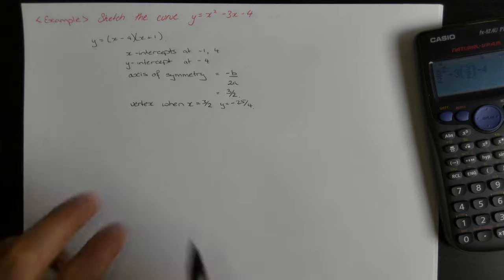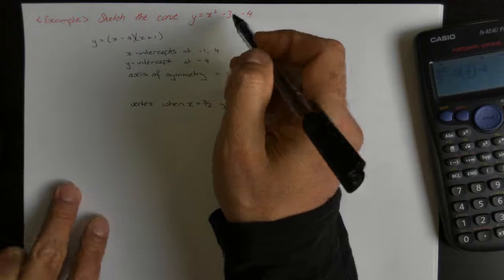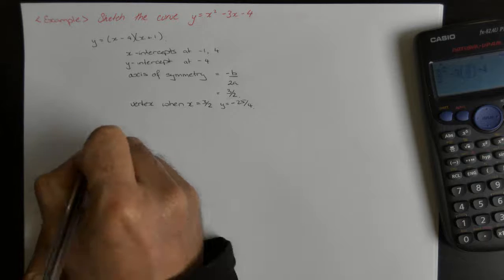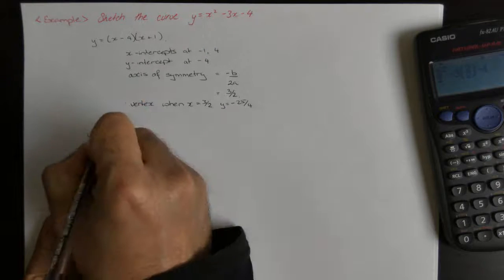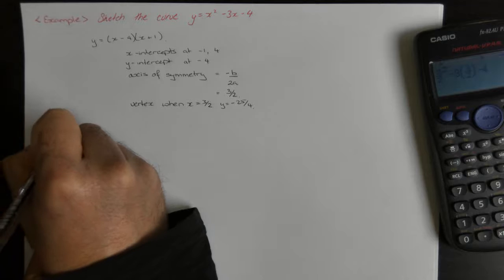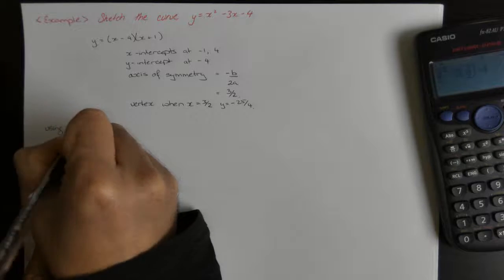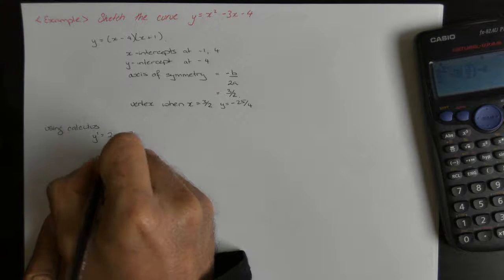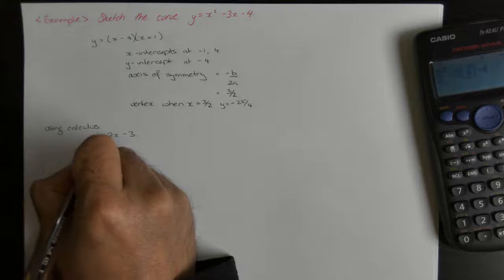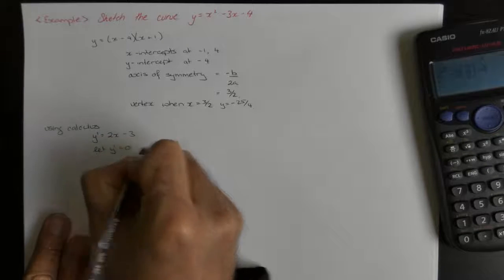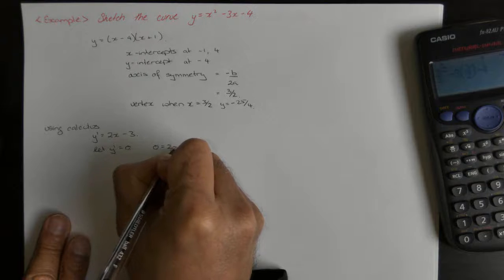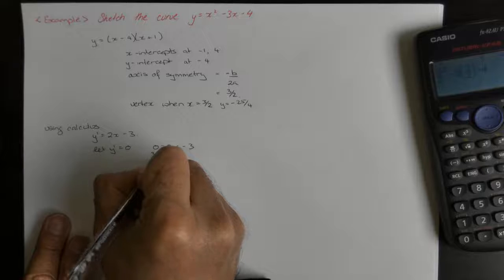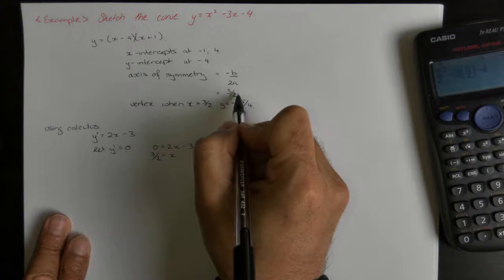After we've got these points, what we could do is differentiate. If the question said using calculus, I could differentiate this and find the stationary point, and we get the same stationary point.